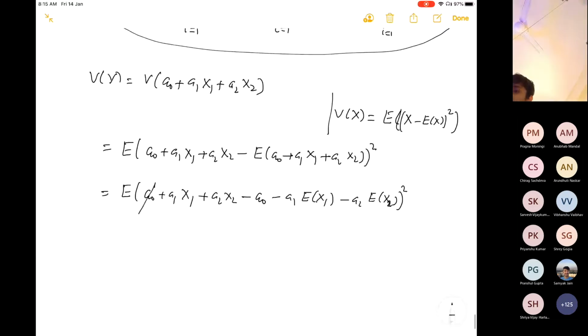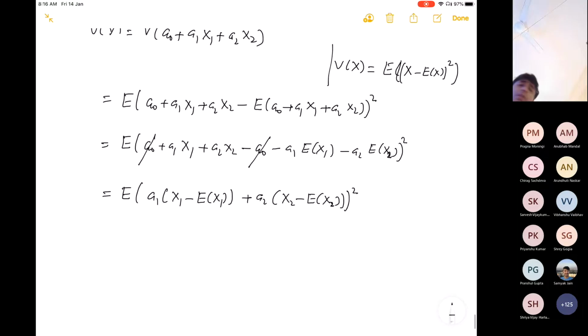So a naught will cancel out. So therefore this will be the expectation of a1 times x1 minus expected value of x1, plus a2 times x2 minus expected value of x2, whole square.